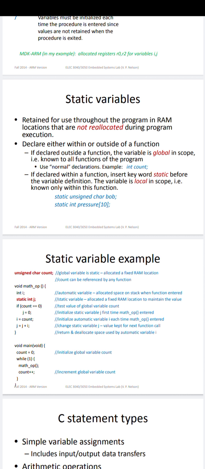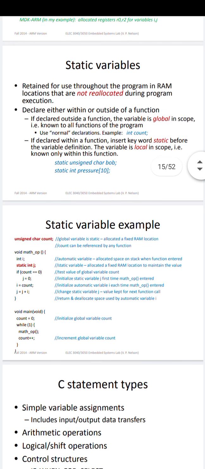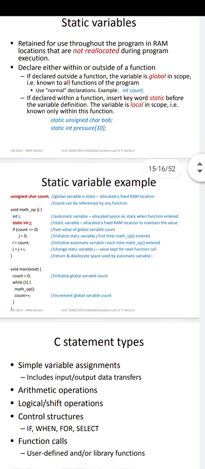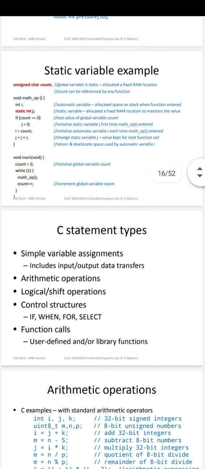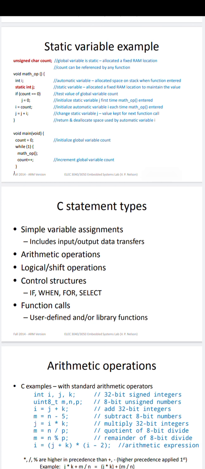It is declared outside of functions, also declared as global, or within functions by inserting the keyword static. Then the variable is local in scope. Now the main program is right here.